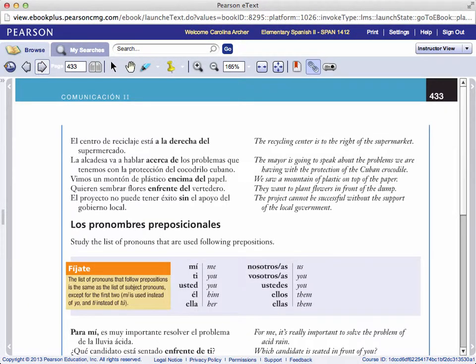Okay, so here are some examples. El centro de reciclaje está a la derecha del supermercado. See, this would be de plus el, okay, del supermercado. La alcaldesa va a hablar acerca de los problemas que tenemos con la protección del cocodrilo cubano.